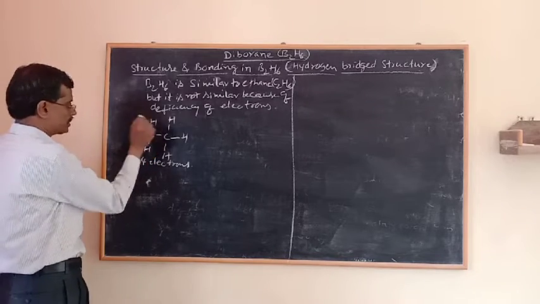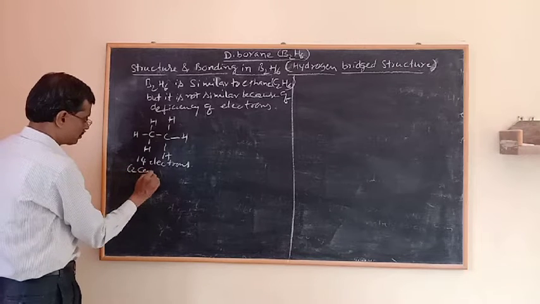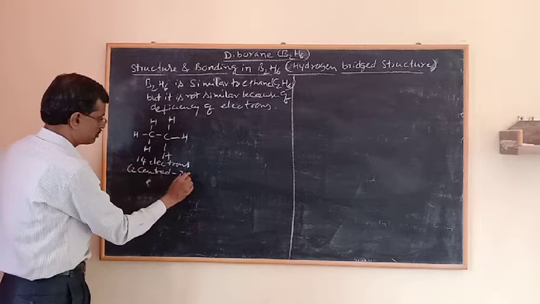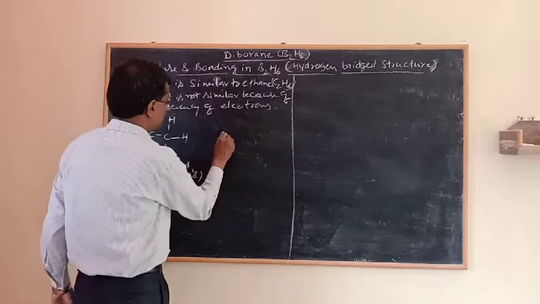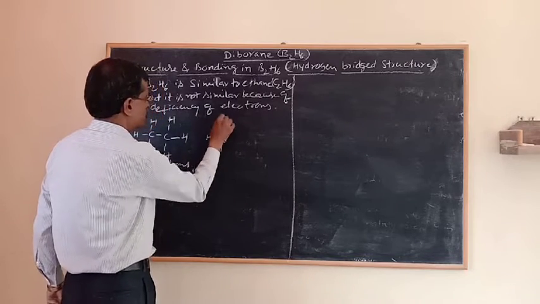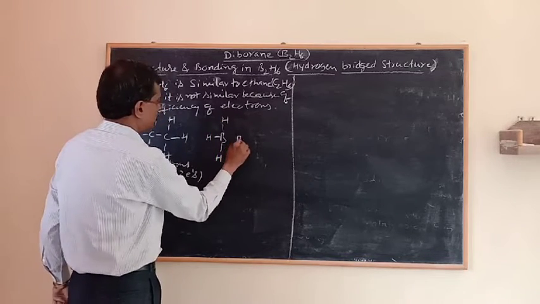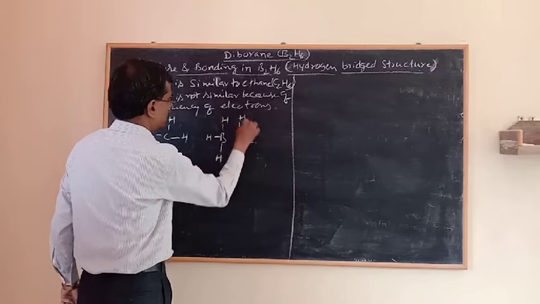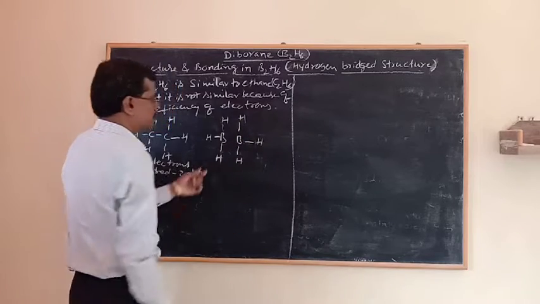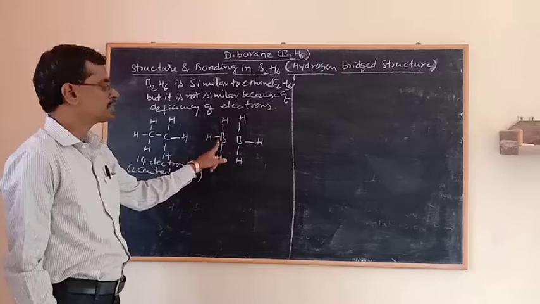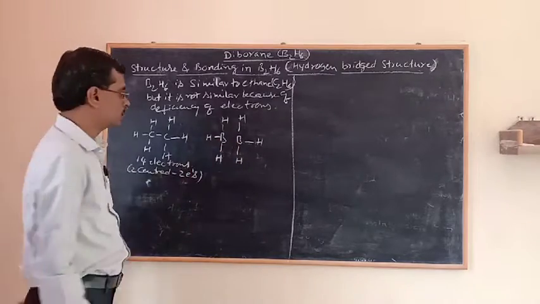The two centers are carbon and hydrogen, but in the case of boron, there is no sharing of electrons between boron and boron, so it is not similar.